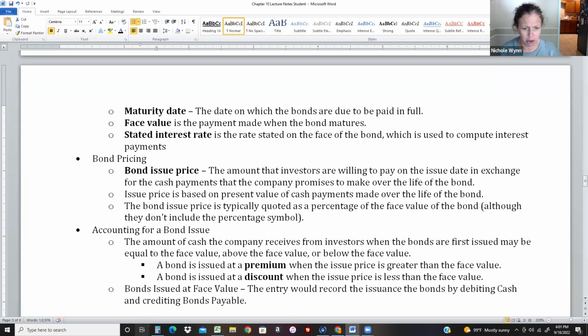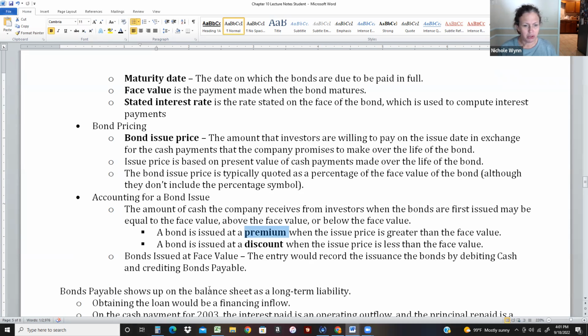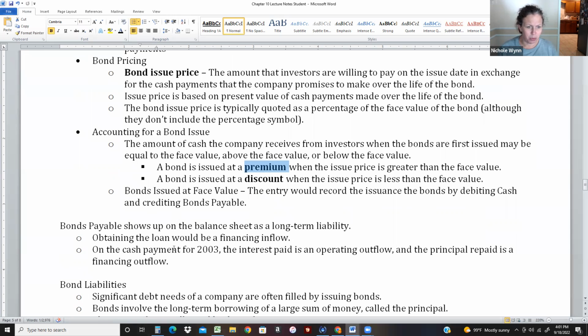Okay, let's keep going with our premium and discount example. Because this is a little example, it says when you get a loan, remember that's a financing activity. As far as cash flow goes, we're not going to cover it until next week for chapter 12, but getting a loan or repaying a loan goes in the financing section.